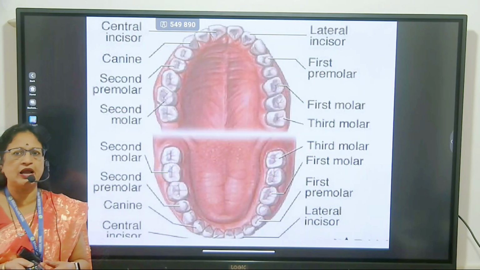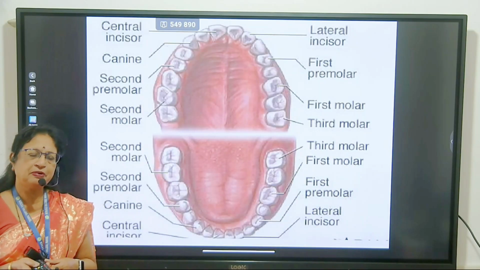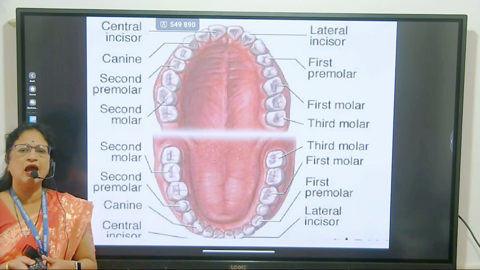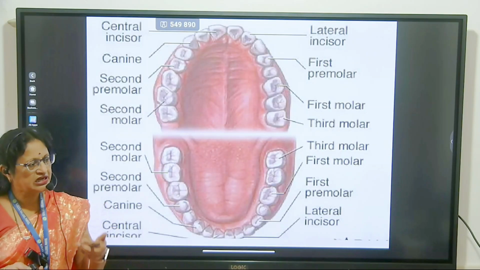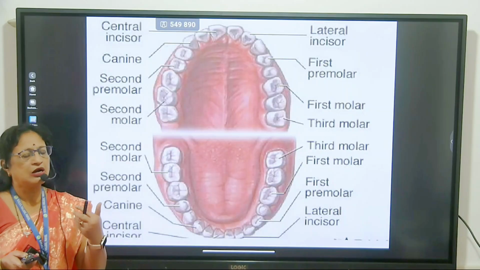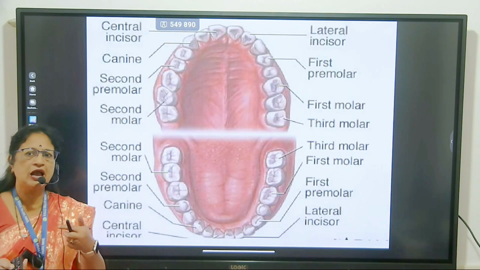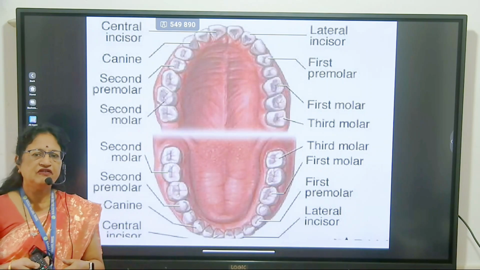Then after the canine there are two teeth which are premolars, named first premolar and second premolar, and lastly there are three molars, also named first molar, second molar and third molar. Third molar is also called wisdom tooth.